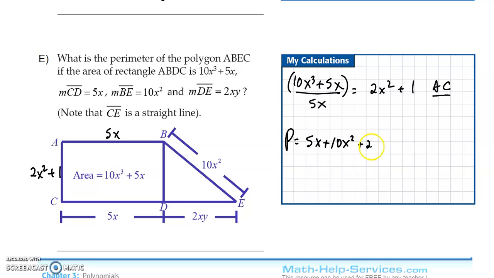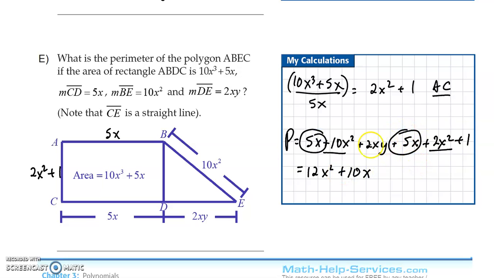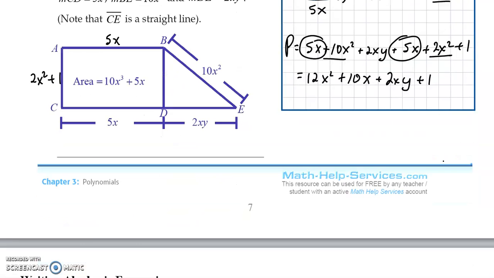Remember, you're going to have to add the like terms, and 2xy doesn't have any like terms to connect with. x squared (10x). I'll put the 2xy plus the 1, and that's going to be my perimeter.